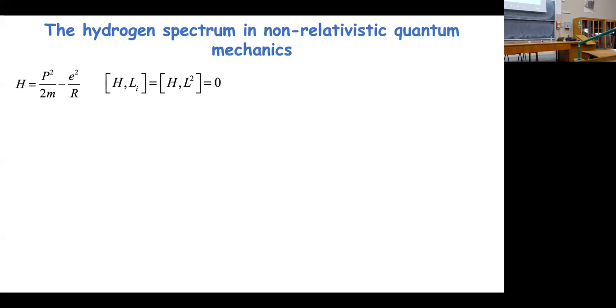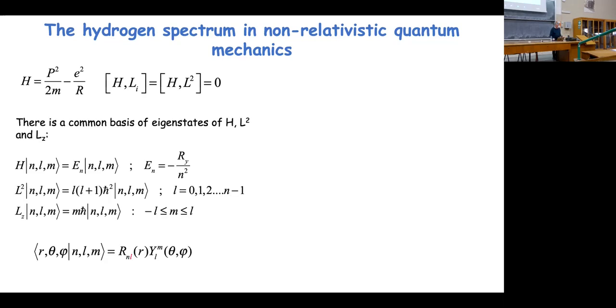And the fact that you have these commutation rules means that you can find a common basis for the energy, the angular momentum, and its projection on an axis. And you can have a complete set of commuting observables, H, L, and m.